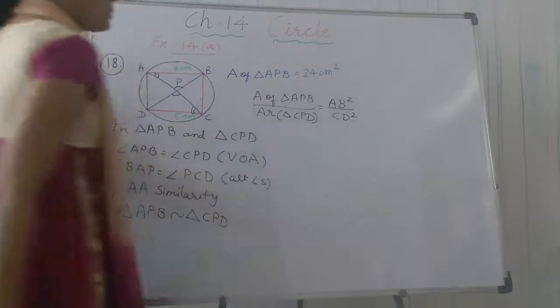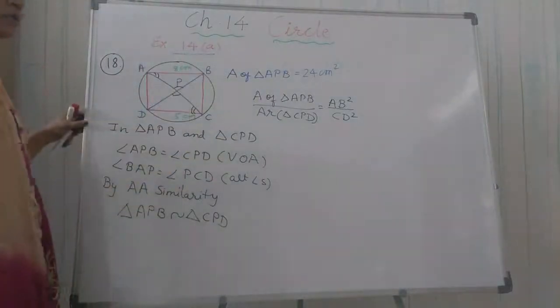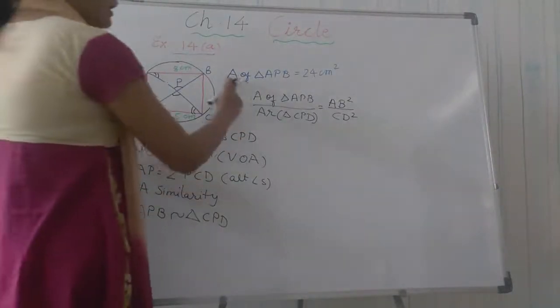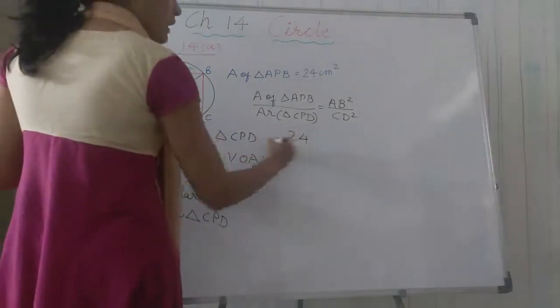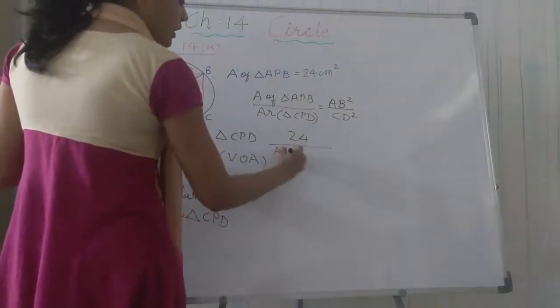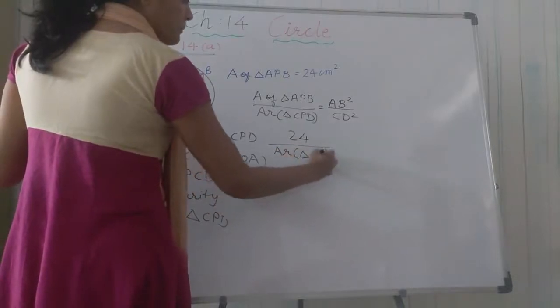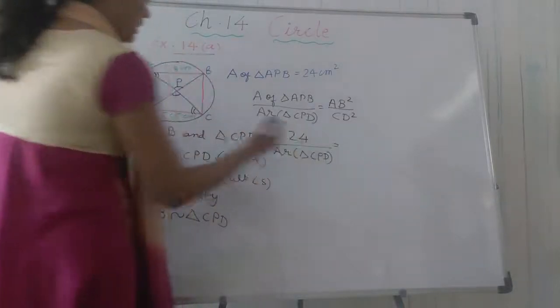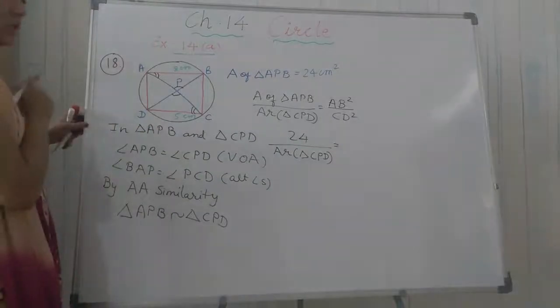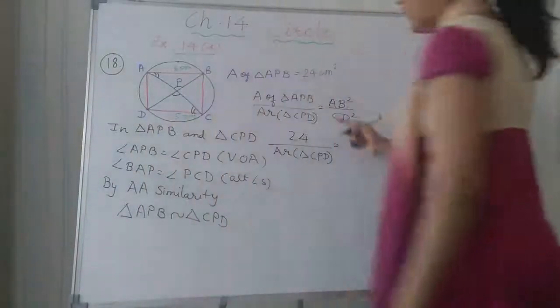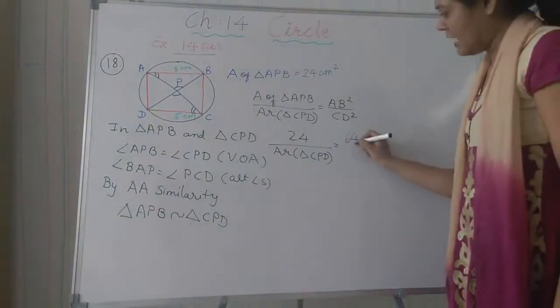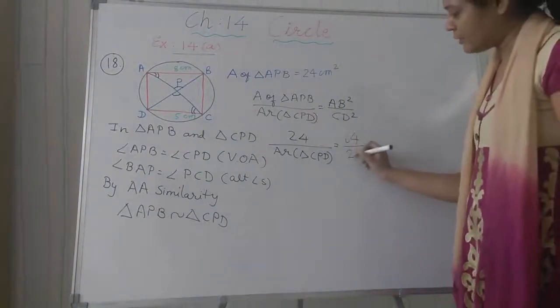According to the theorem of similarity. Now we are given in the question the area of triangle APB as 24 and we want to calculate the area of triangle CPD. AB is 8 and CD is 5, so AB square is 64 and CD square is 25.